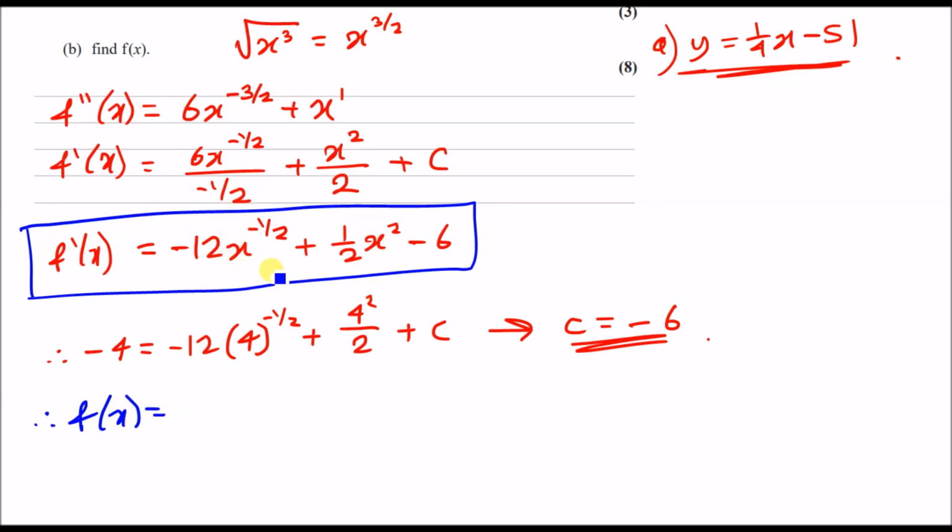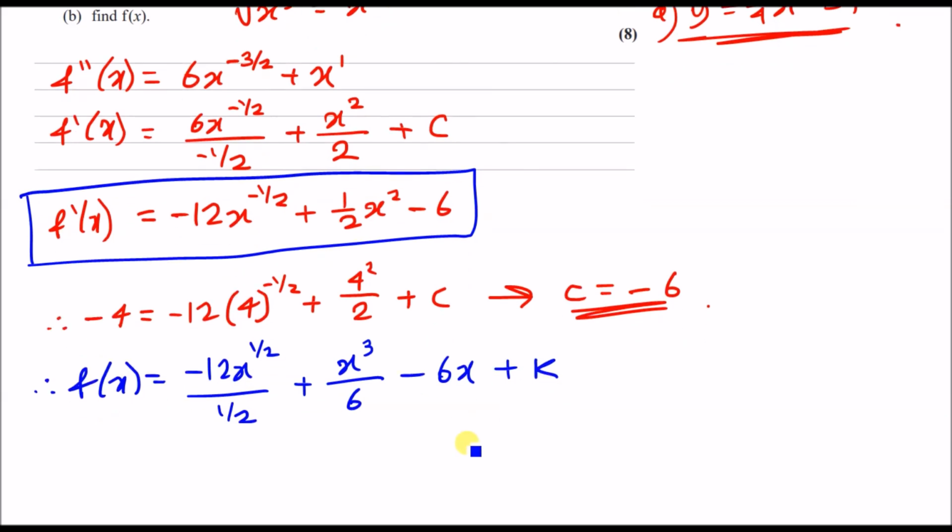Integrating one more time, again you raise the power to plus half, so it'll be minus 12x to the power of plus half over half, and then plus, instead of x squared, it will be x cubed over 2 times 3, which is 6, and then plus, oh yeah, this is minus 6, so you get minus 6x. If it's just a constant, you stick an x in front, and then you write plus c. I'm not going to use plus c again, so let's call it plus k.